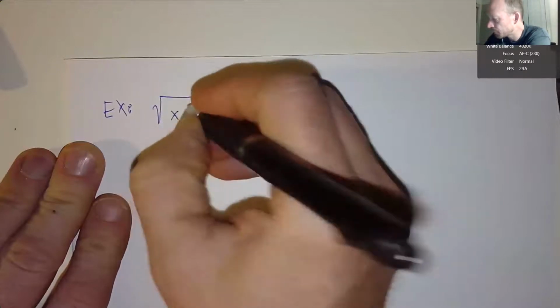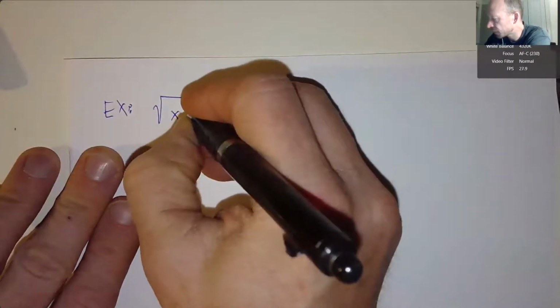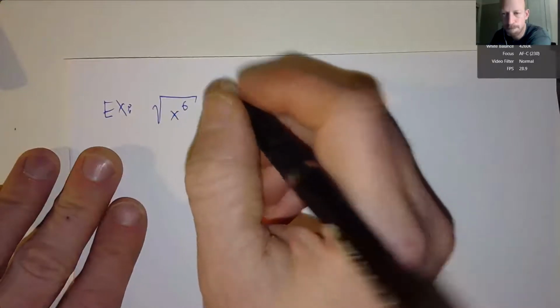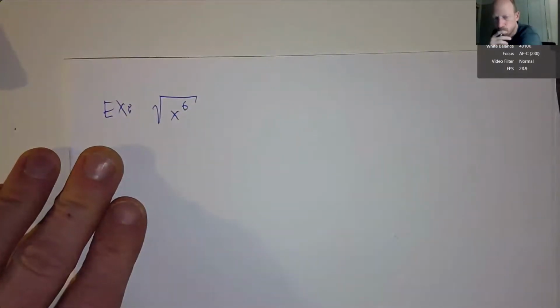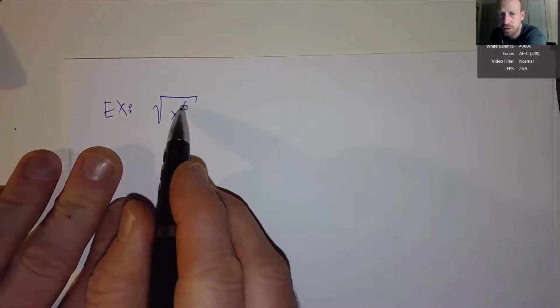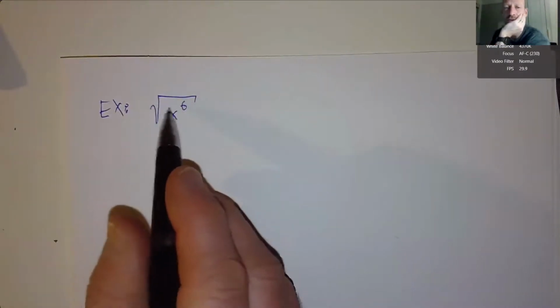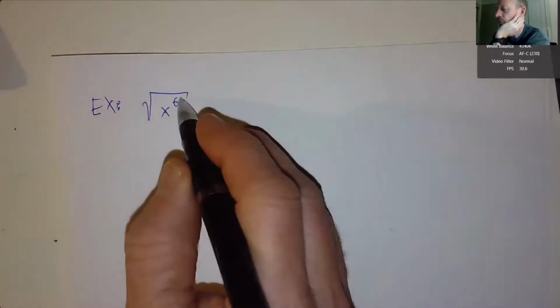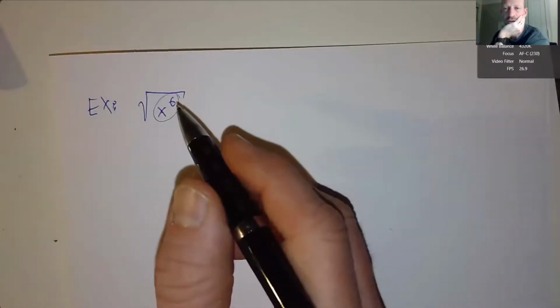Let's look at the square root of x to the 6th. Here, it's a little different than before because x to the 6th is an exponent. So it is not that I'm taking the square root of 6. I'm taking the square root of this x to the 6th.